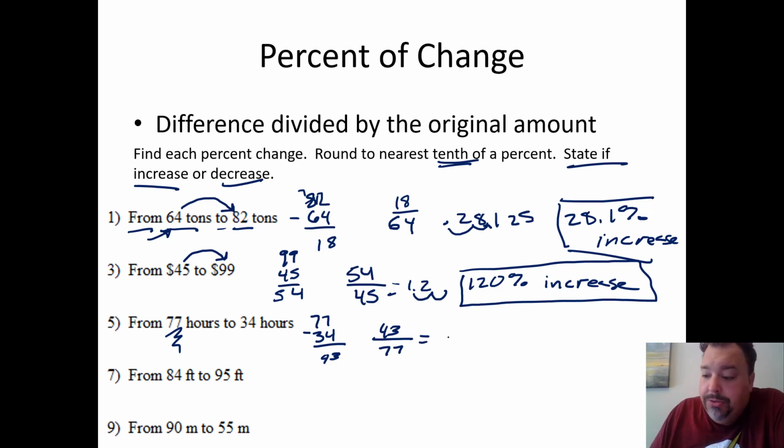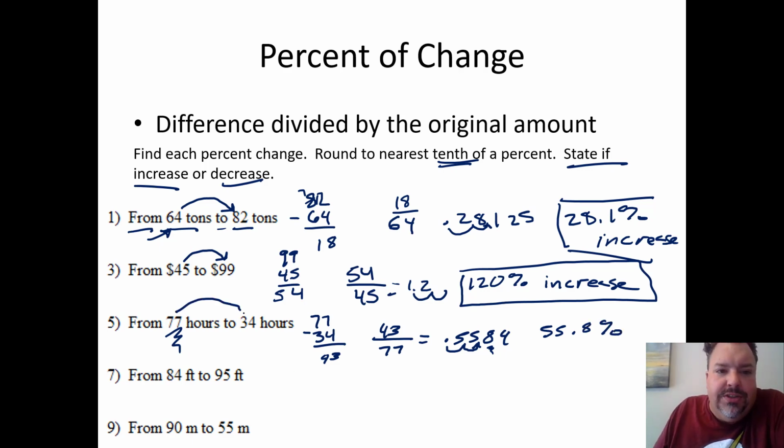That comes out to 0.5584. And then I'm always writing 4 decimal places because I know that I'm going to turn this into a percent and I'm going to round it to the nearest tenth of a percent. So this is going to be 55.8. The 8 is going to stay since it has the 4 after it. This is a percent. And then to go from 77 to 34, in this case, it went down.